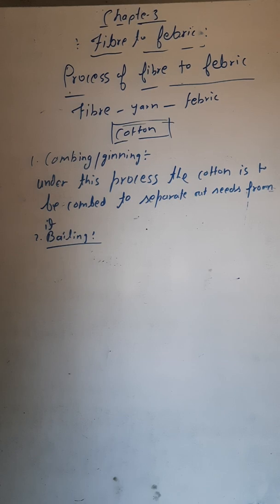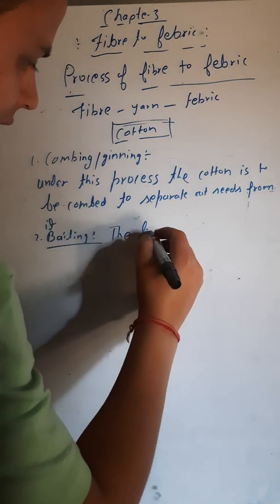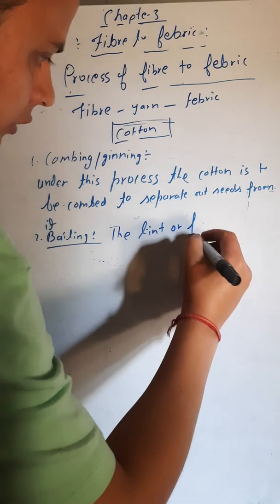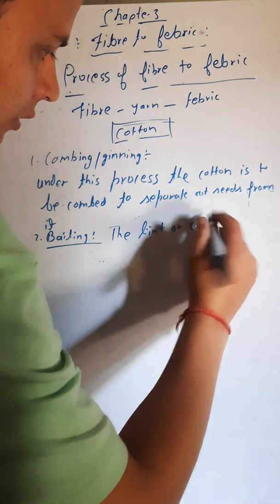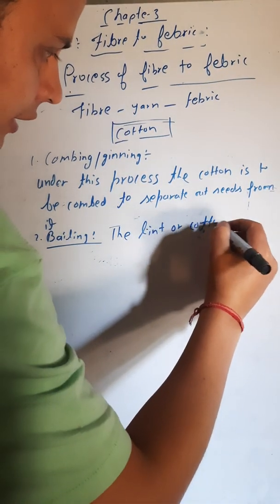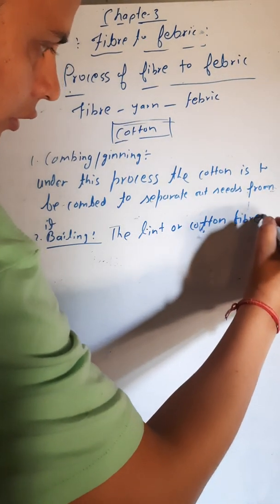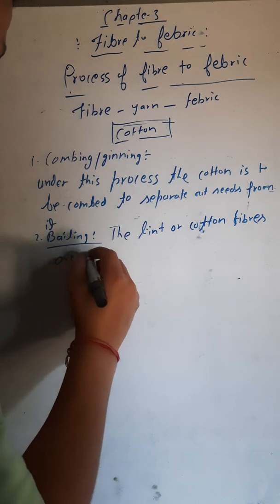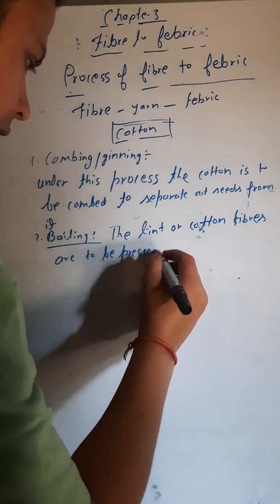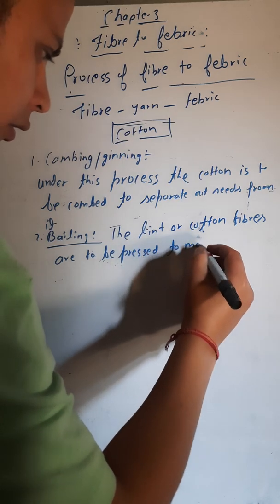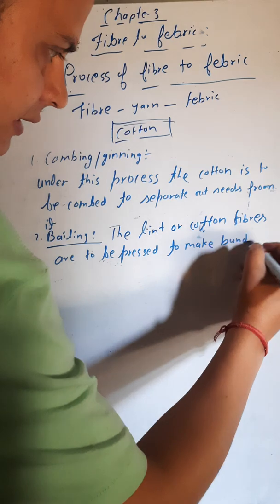So here, what do we do? The lint or cotton fibers are to be pressed to make bundles.